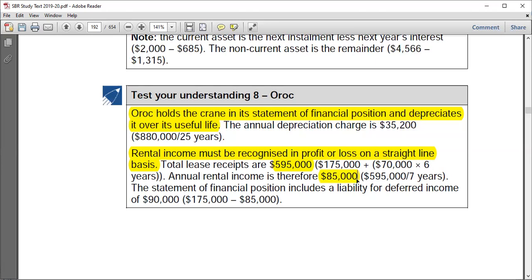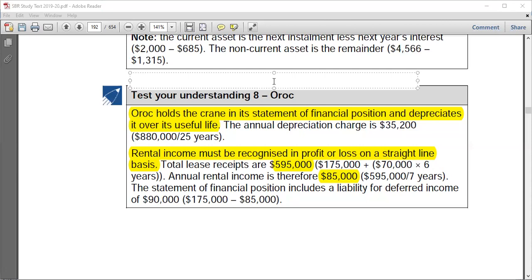At the first year, 175,000 is paid at the beginning of the year, so we received 175,000, right? Let me write the double entries here. Sometimes you find something like this, don't try to remember everything. You can just do the double entry and everything will come naturally. So at the beginning of the first year we'll receive, debit cash of how much?